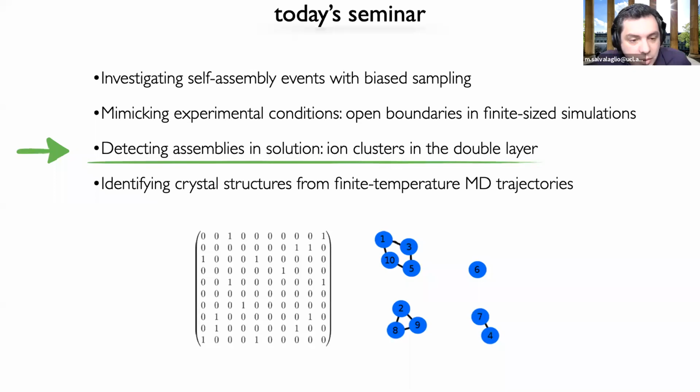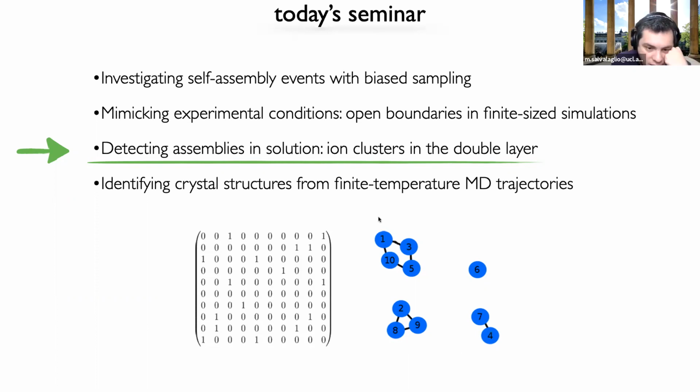So in this third point, I would like to give you an example of this idea, which is based on constructing an adjacency matrix for solid molecules in the system. Here below, you can see a schematic of this idea, where this is the adjacency matrix for this simple system of 10 points.